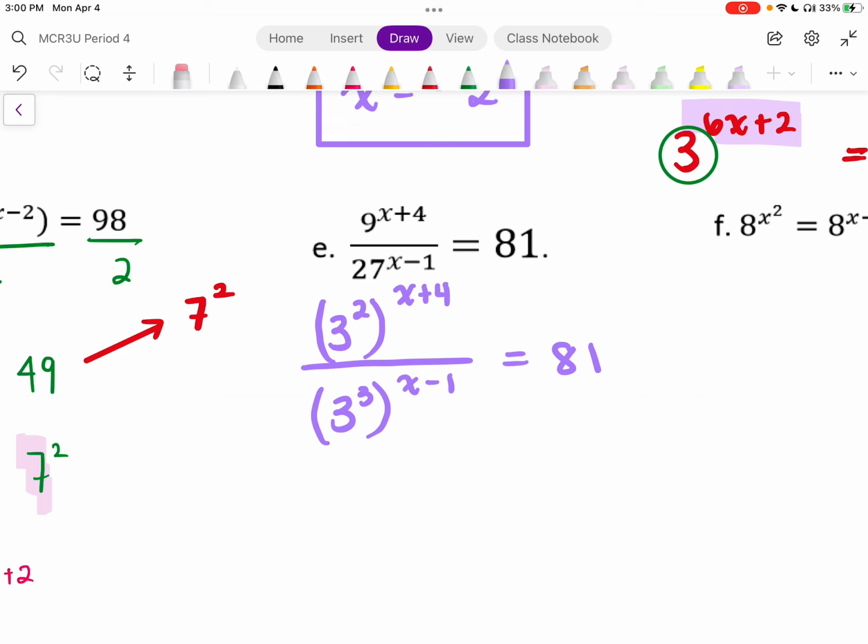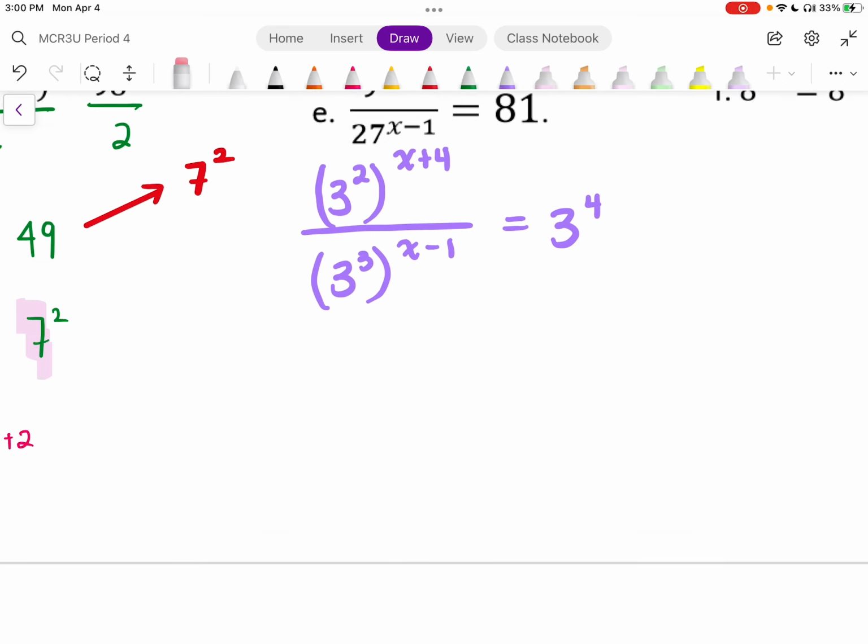This again, I can replace with the base of 3 as well. So if I did 3 times 3 times 3, that's going to give me 27, times 3 is equal to 81, right? So I know that 3 to the power of 4 is what I'm going to replace the 81 with. And now I'm going to simplify this.